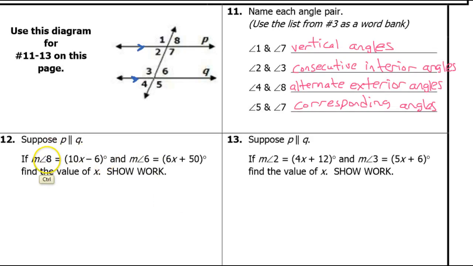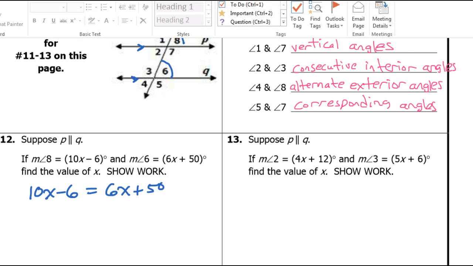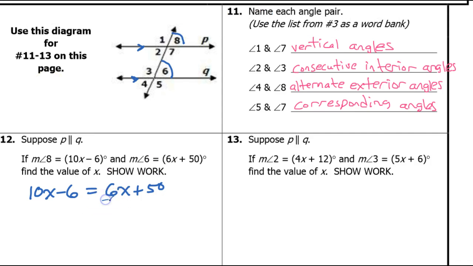So let's see. Angle 8 and angle 6. Here's angle 8 and here's angle 6. Those are corresponding angles. They are going to be congruent if the lines are parallel. So that means that 10x minus 6 should equal 6x plus 50. And we will solve this out by subtracting 6x from both sides.